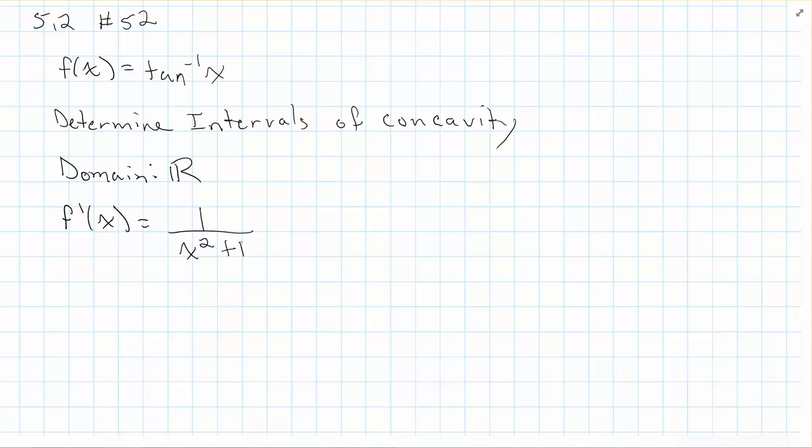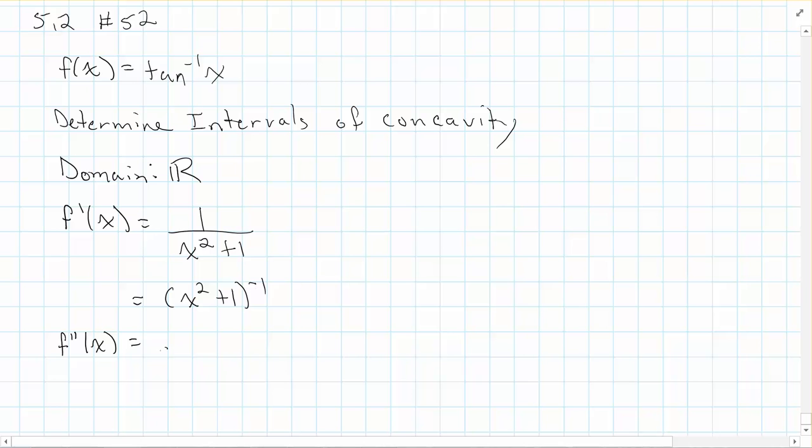Alright, so then I need a second derivative. But before I do the second derivative, I'm going to rewrite this as x squared plus 1 to the negative 1 power. Because I have to use a chain rule to take the second derivative. So what would I get here?